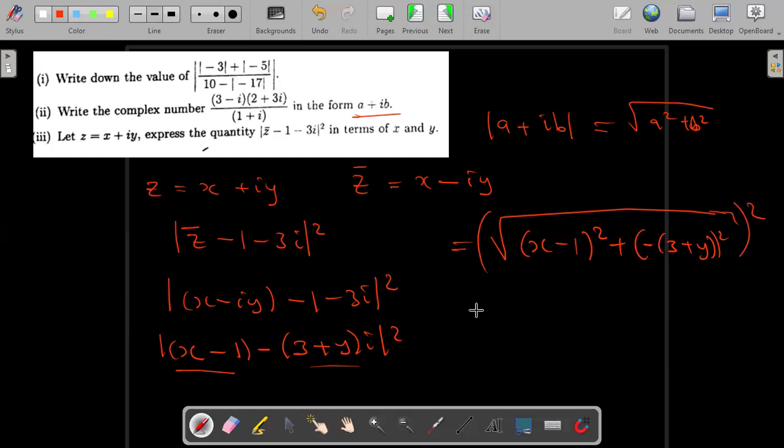So what is that going to be? These two will cancel with that one, and you just remain with x minus 1 squared. Here, when I square this, negative becomes positive, then I have plus here, and I have 3 plus y, then squared. Then, of course, they're telling me to express in terms of x and y.